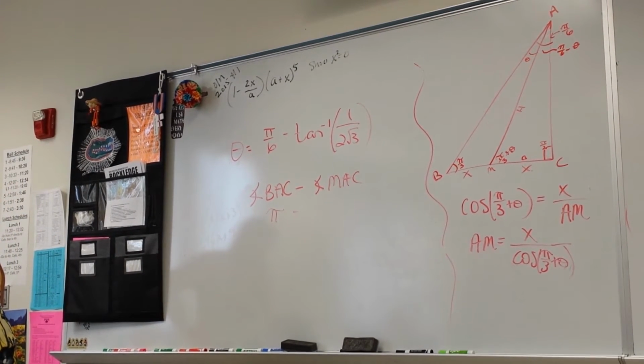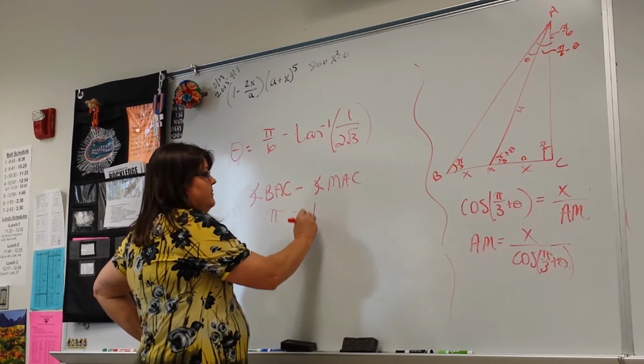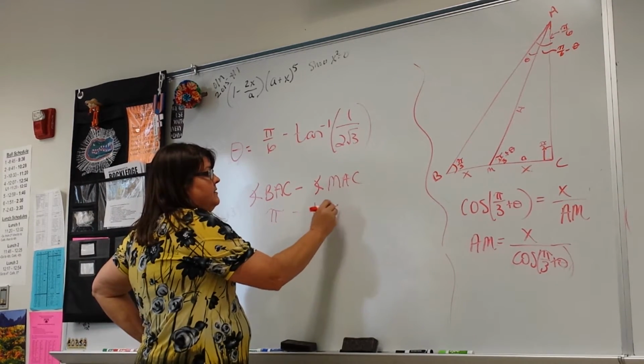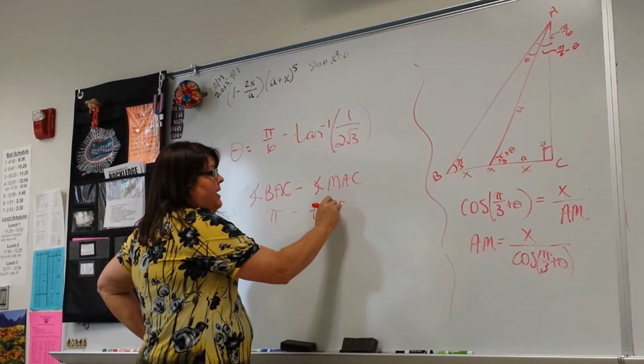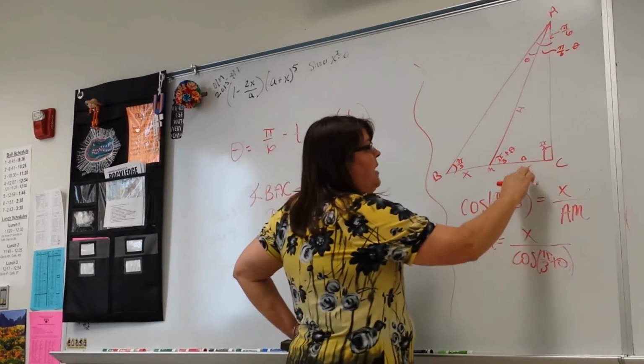The mark scheme did something with AC. Tangent of angle MAC is equal to x over AC. Which is what we don't know, AC. Tangent of pi over 6 minus theta, and that's opposite.